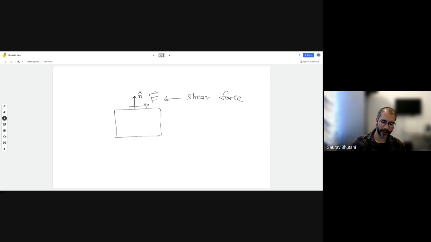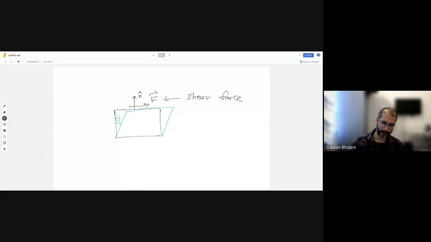So this kind of a shear force will change the shape of the solid and make it into a rhombus. So what we see is that the angle changes. So this square or cubical solid becomes a rhomboid or a rhombus. So shear forces tend to change shape rather than changing the volume.